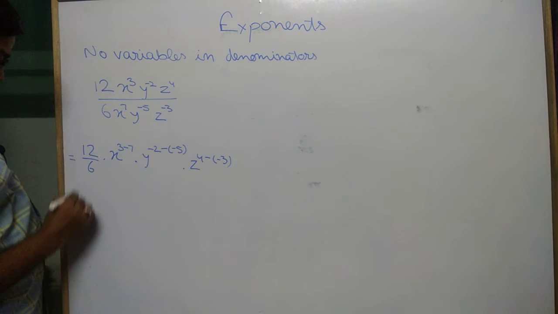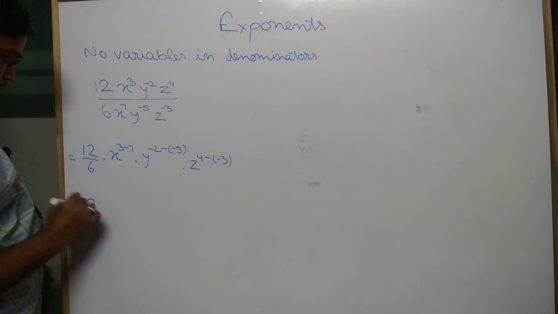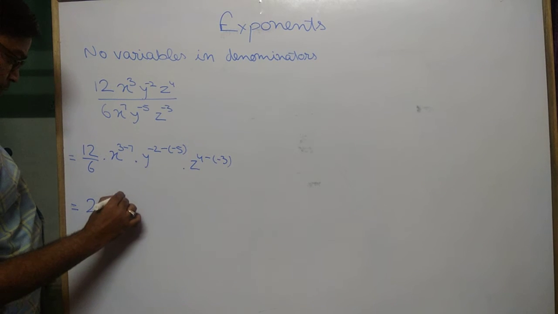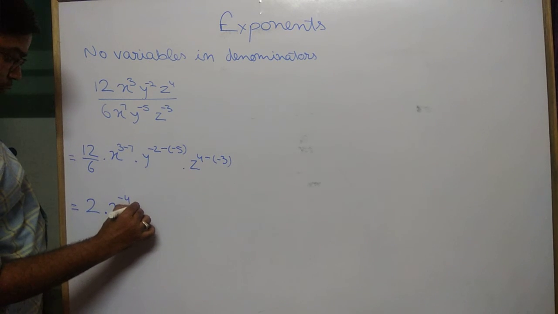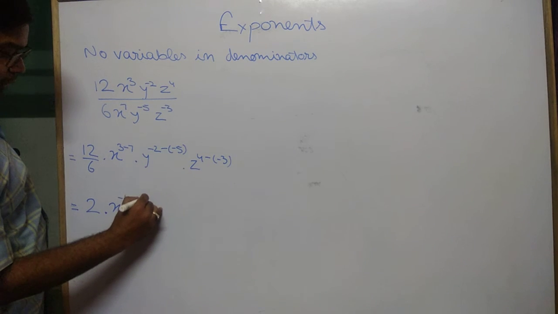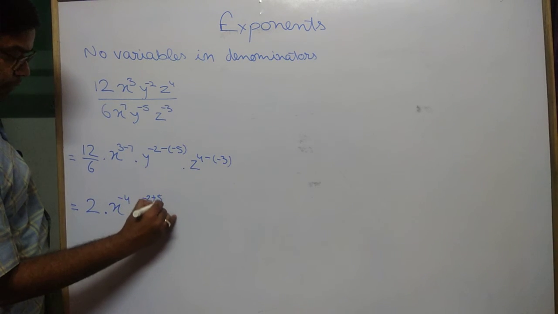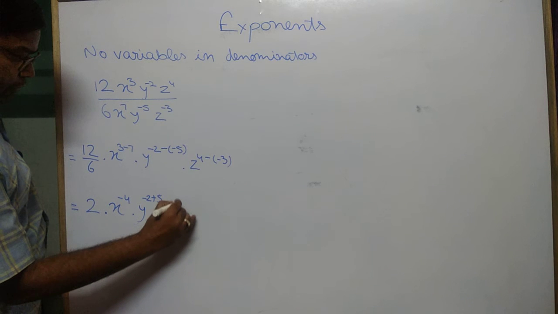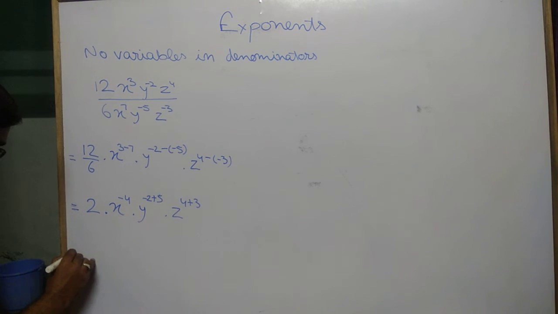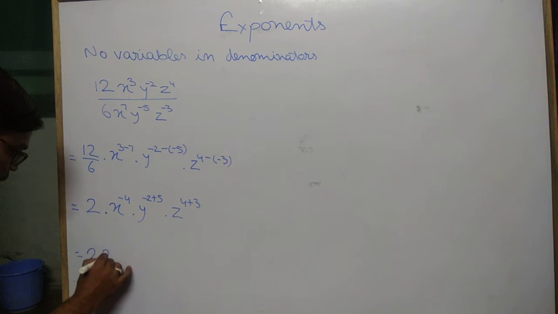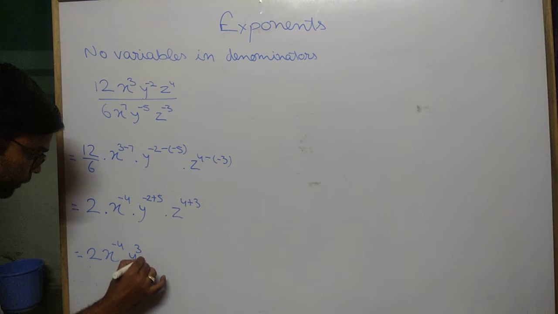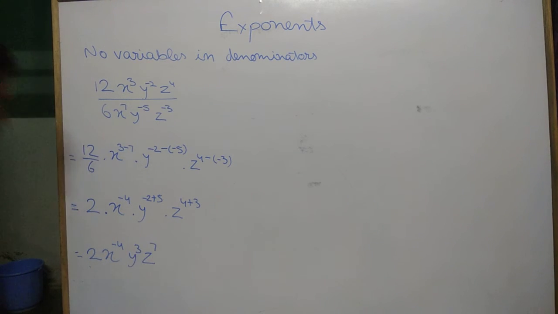So we can write 12 by 6 is 2, into x to the power minus 4 into y to the power minus 2 plus 5, that is 3, into z to the power 4 plus 3. So ultimately we can write 2 x to the power minus 4 y to the power 3 z to the power 7.